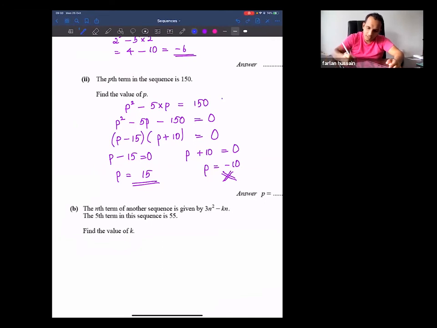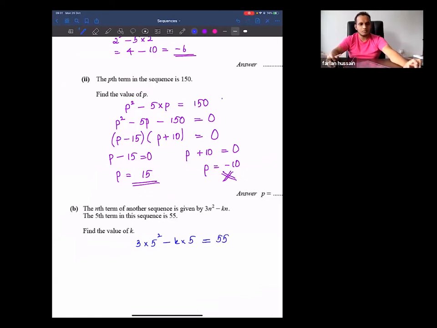So guys, here the nth term is given by 3n square minus kn. So if you want the fifth term, you have to replace the n with 5. So it will be 3 into 5 square minus k into 5, that is the fifth term, and it is given that the fifth term is equal to 55. So you make it equal to 55.